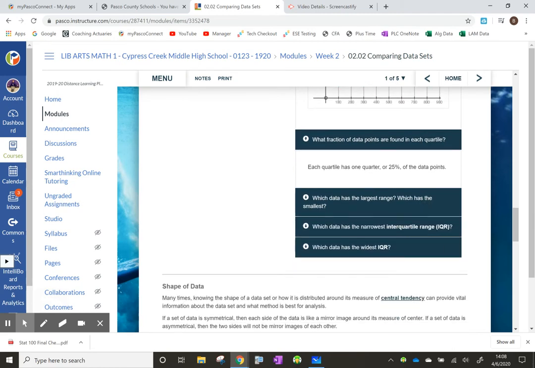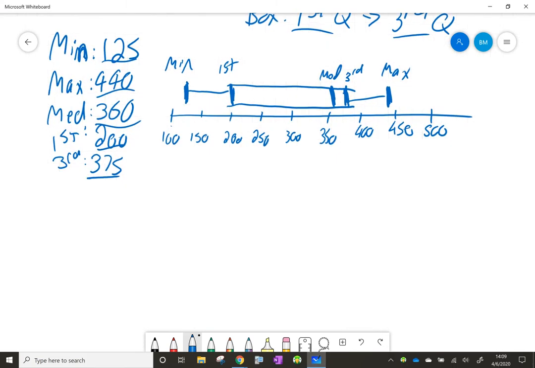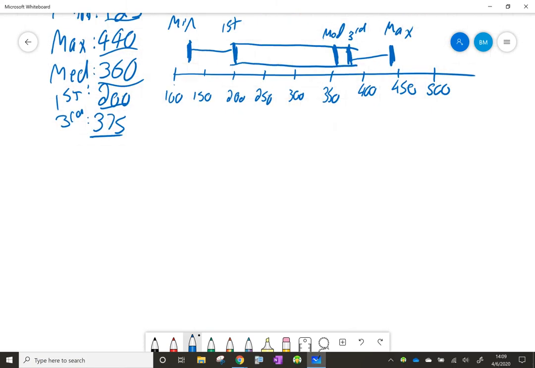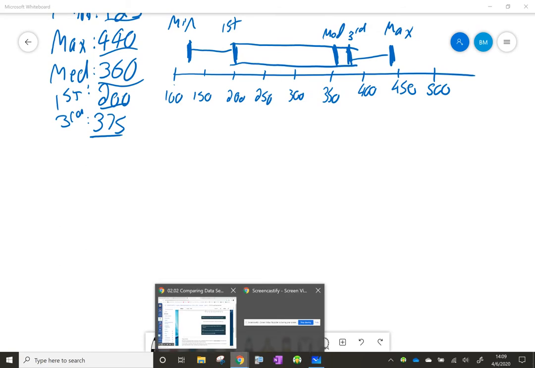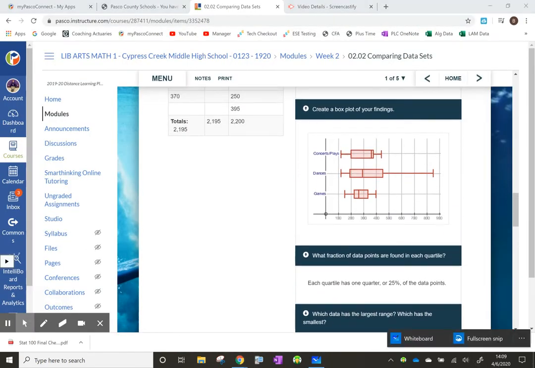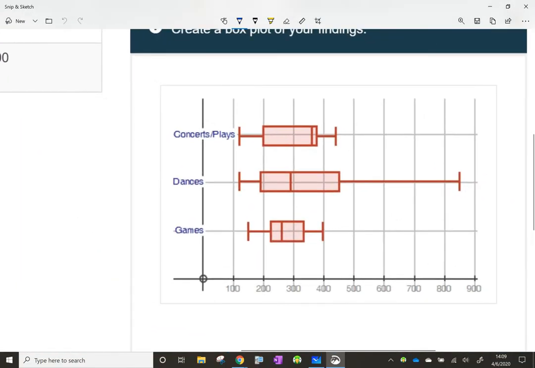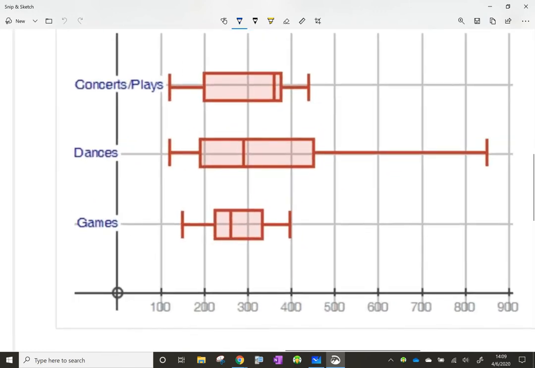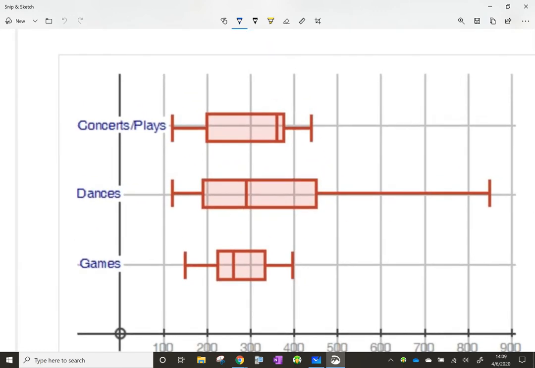So remember that no matter what the size of your box plot is, actually, let me go back to the one that they have here and I'll screen snap it. Okay, so this is all 3 of those box plots. No matter what the size is, each section in the box plot is still 25%.